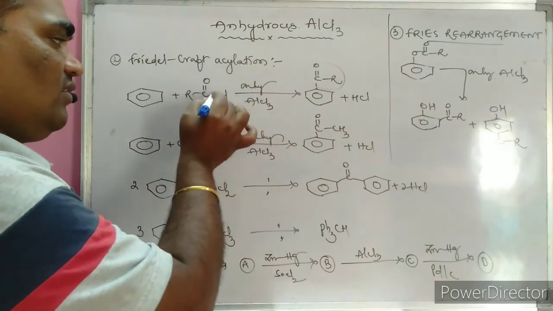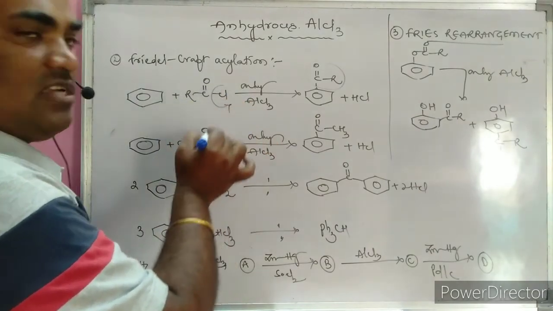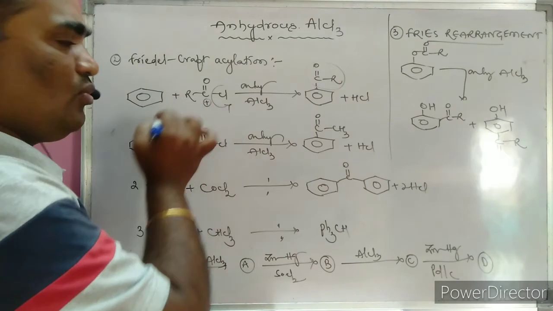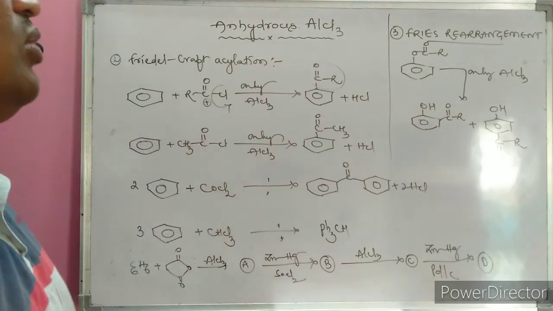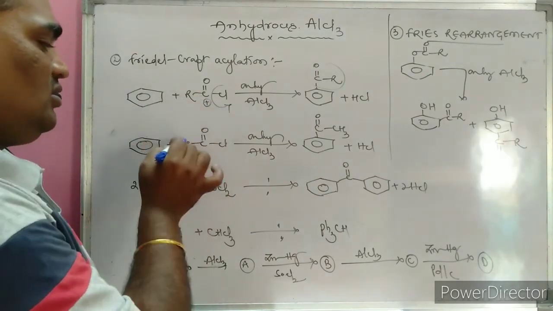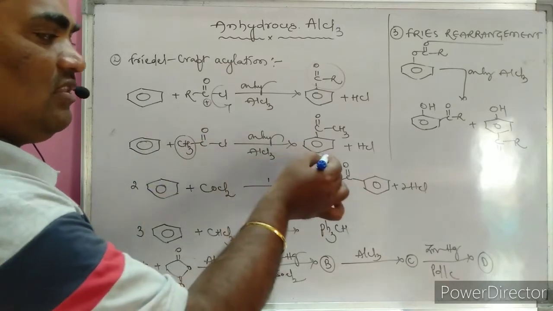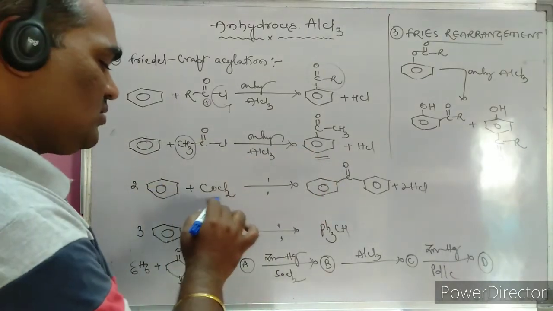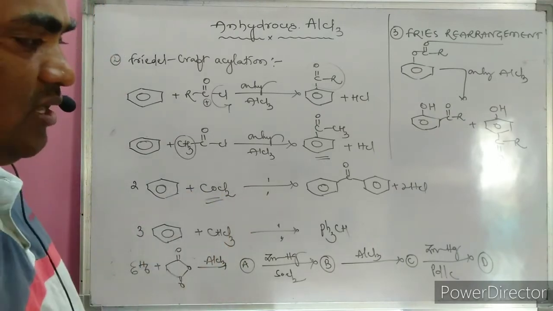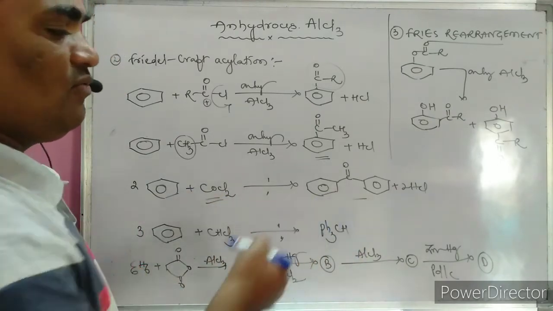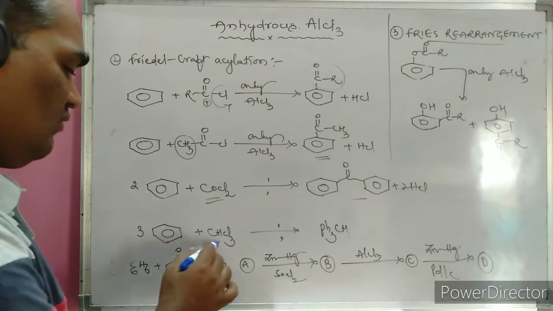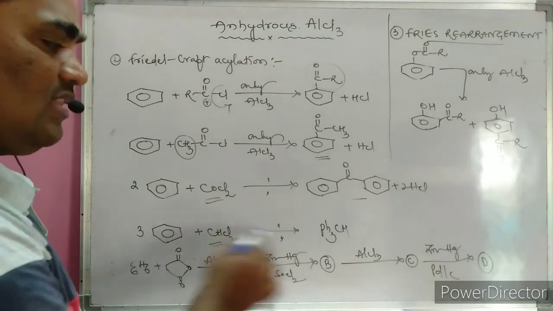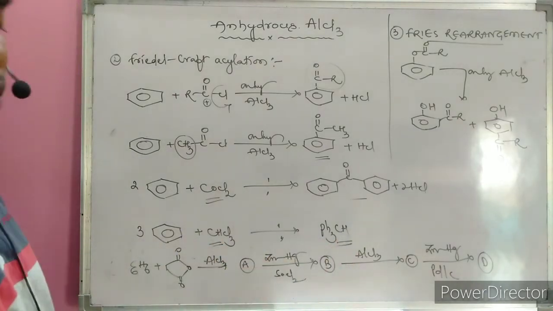The Cl minus ion comes out, and a carbonium ion is generated that we call the acylium ion. Here instead of R, if CH3 is taken, the formed product is called acetophenone. If phosgene, carbonyl chloride, a highly poisonous gas, is given, the formed one is benzophenone, and if chloroform CHCl3 is given, triphenyl methane is the formed product.